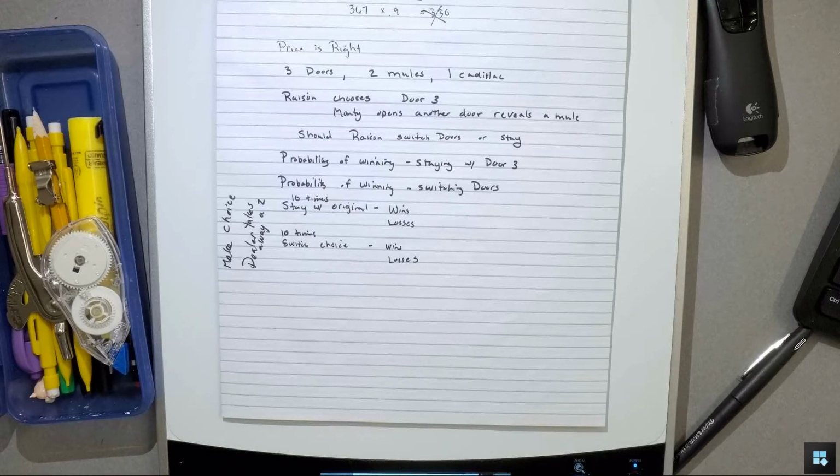Okay, flip over your card. Which one did you pick?